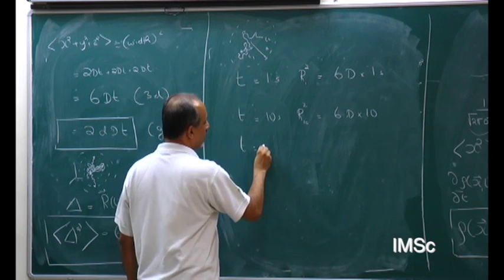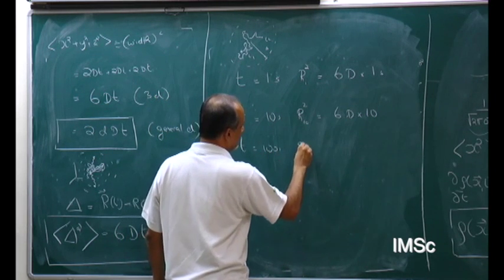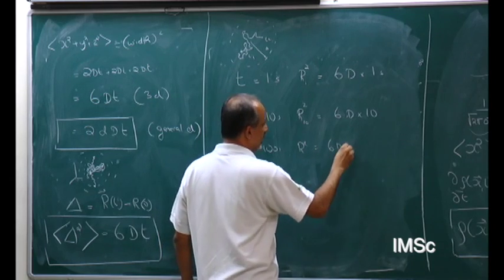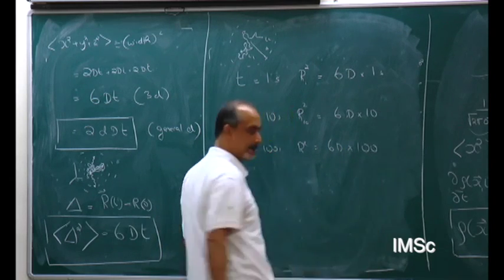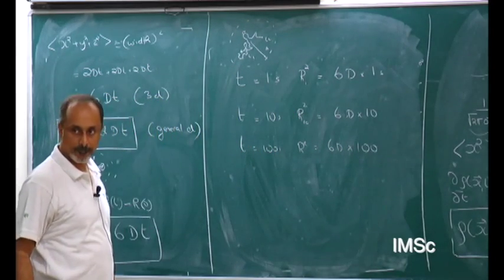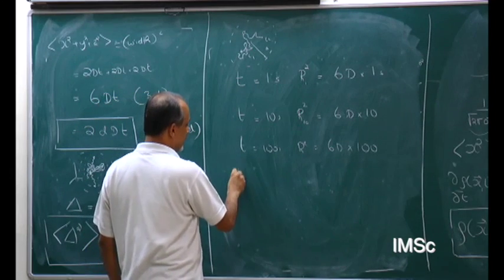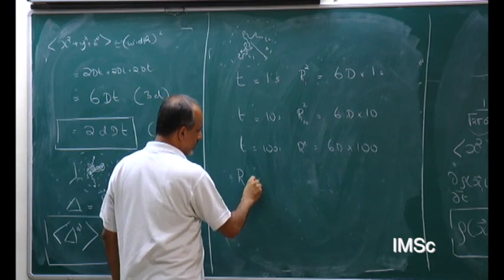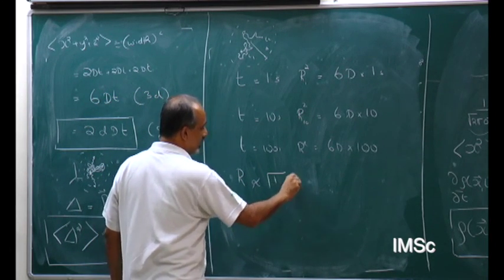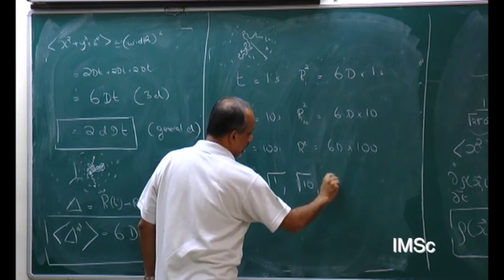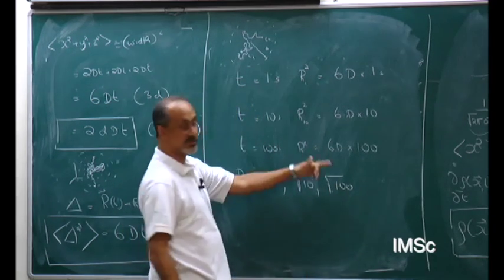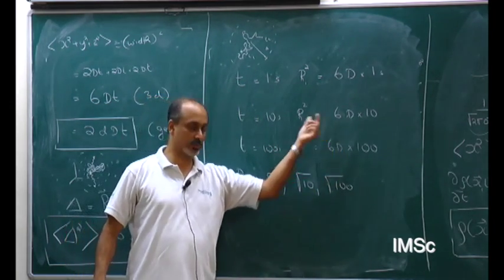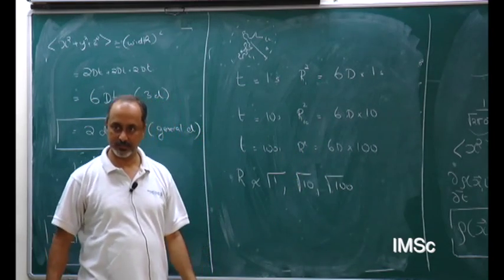And after t equal to 100 seconds, the radius squared would be 6d into 100. But the radius itself is proportional to the square root of 1, the square root of 10, and the square root of 100, because I must take the square root. The 6d, of course, is the same factor throughout.